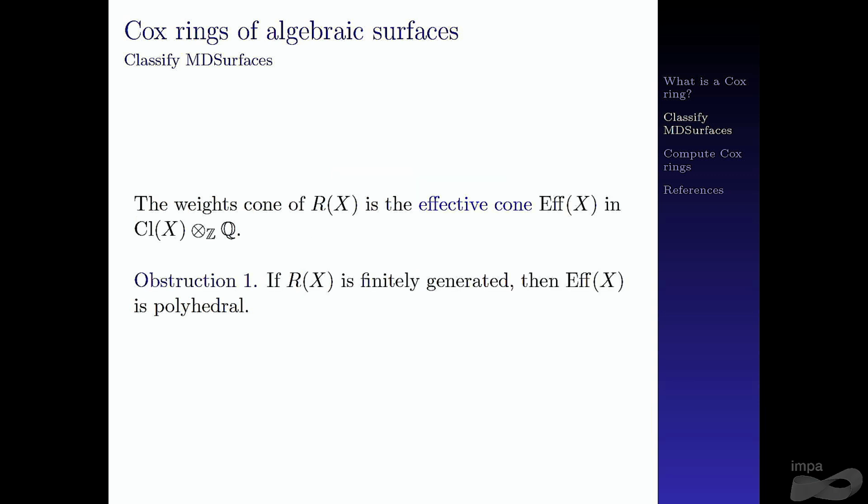So the weights cone is the effective cone. In this way, we recover the first obstruction, or the first necessary condition, for finite generation: if the Cox ring is finitely generated, then the effective cone must be a polyhedral cone in this rational vector space.